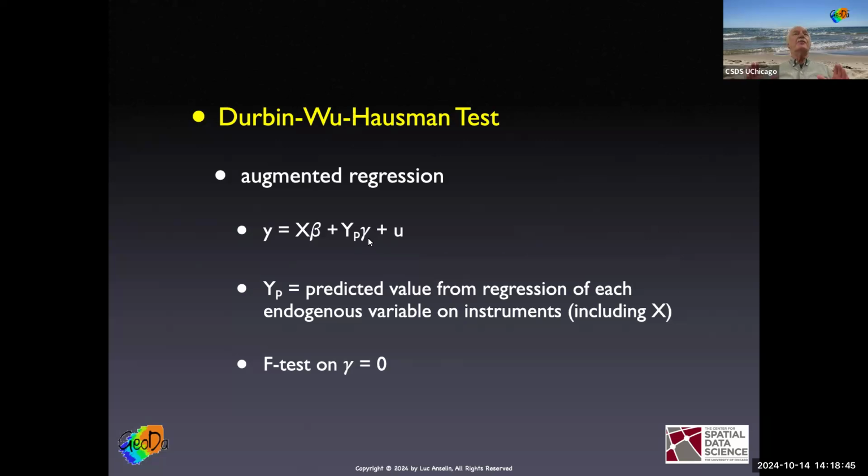So under the null hypothesis, no endogeneity, no problem with OLS. We don't need any instruments. If we put them in there, they don't help. They just become the same as noise. They get zero as coefficients. Okay.